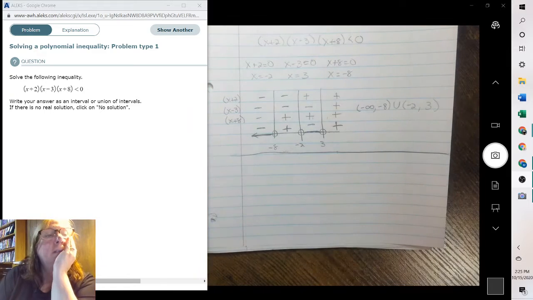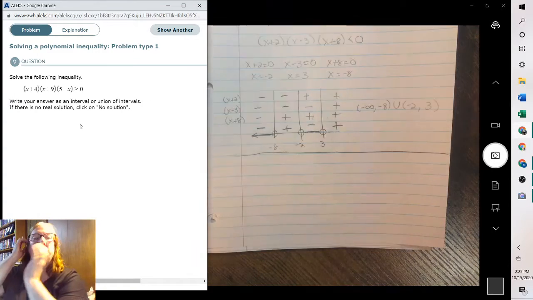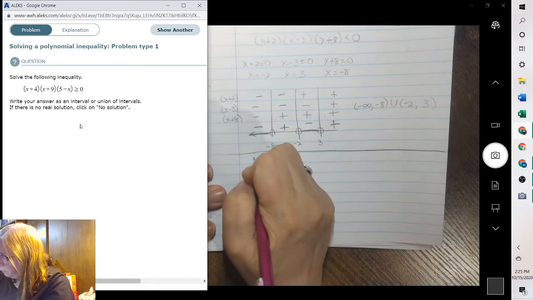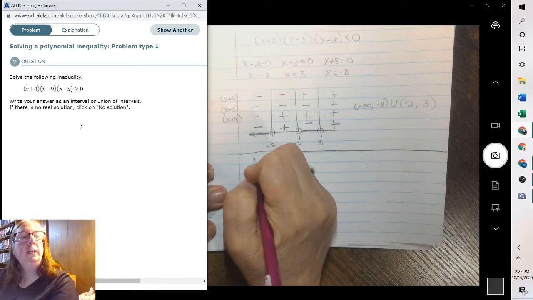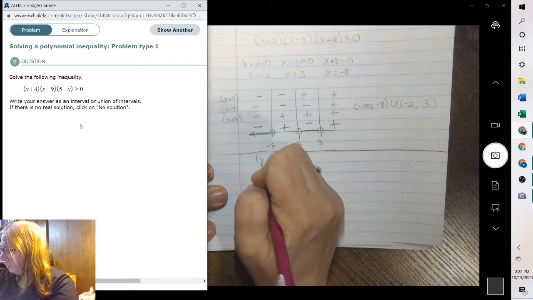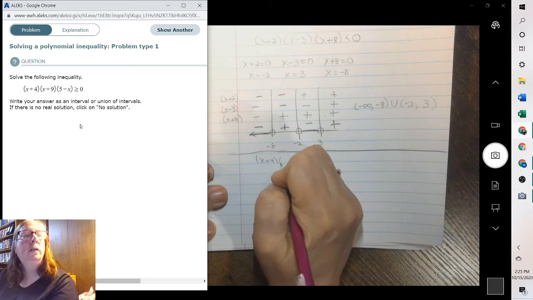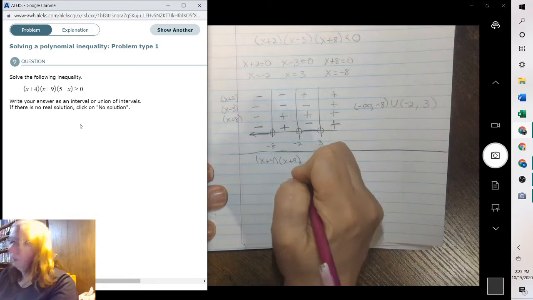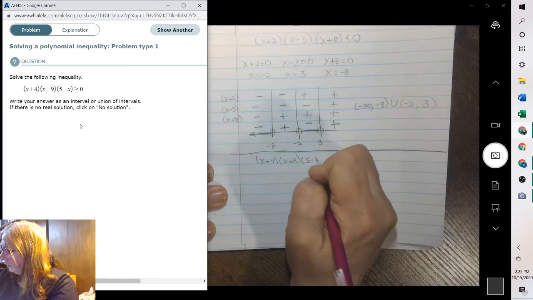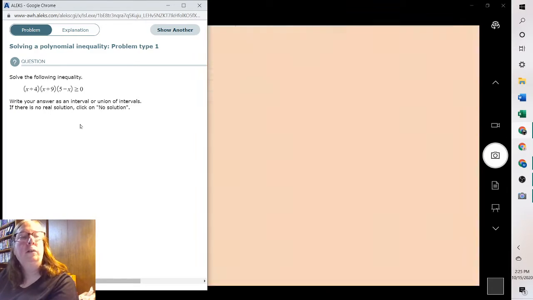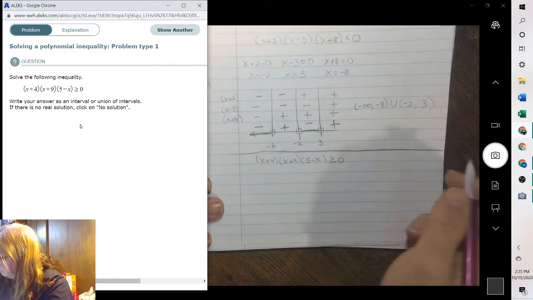Try another one. We have, let me write it first. x plus 4, x plus 9, 5 minus x, all greater than or equal to 0.